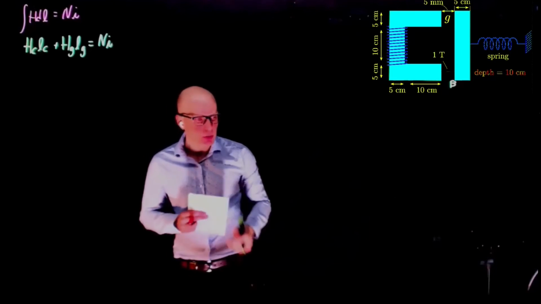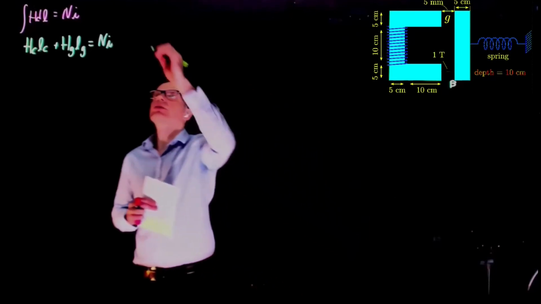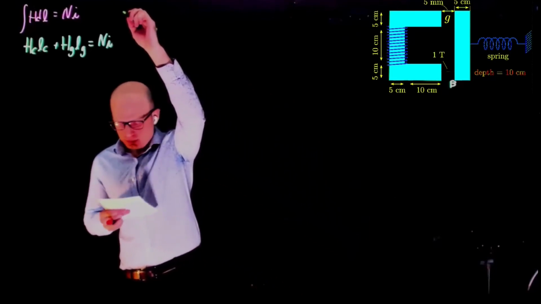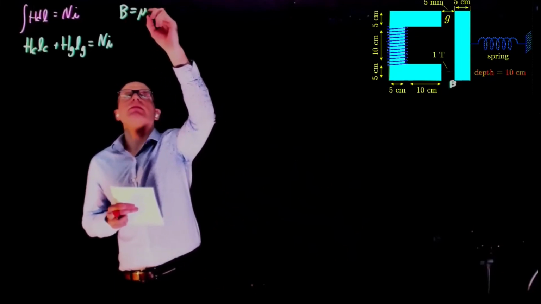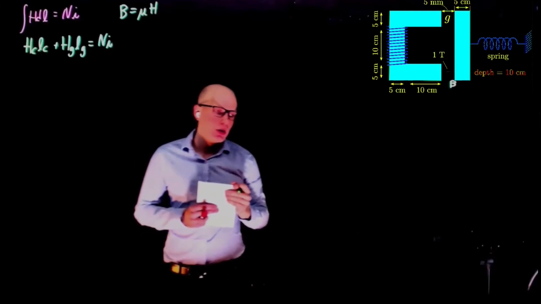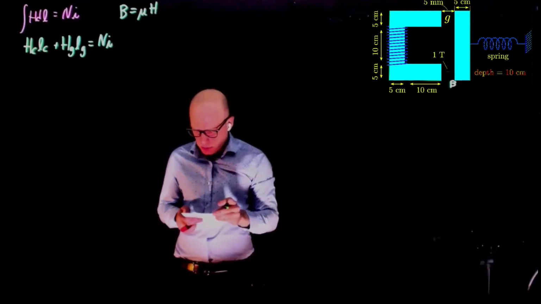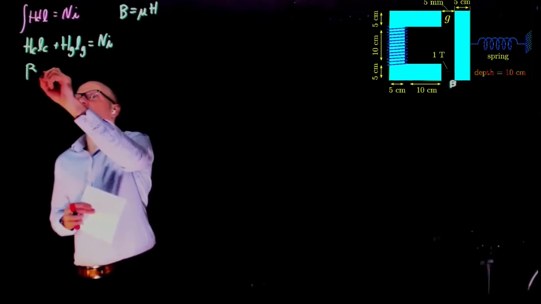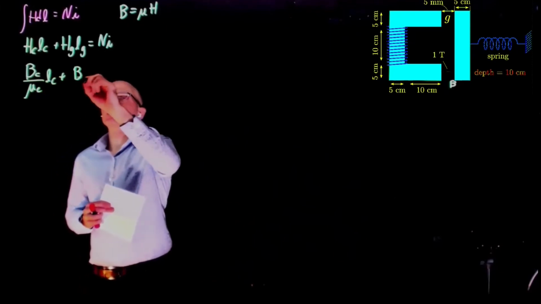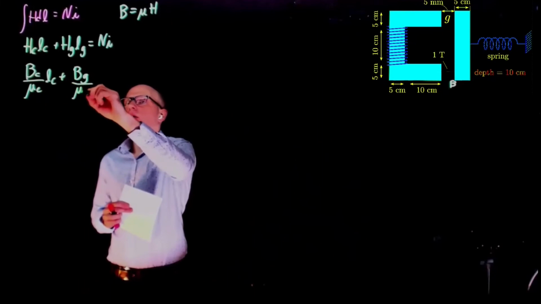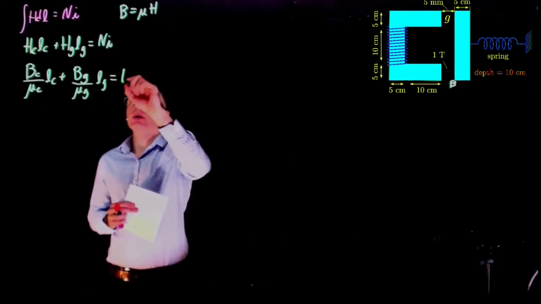What is the relation between H and B from lecture 2? Is it B over permeability? B equals mu H, so B over mu equals H, which means that here we can have B_C over mu_C times L_C plus B_G over mu_G times L_G equals NI.